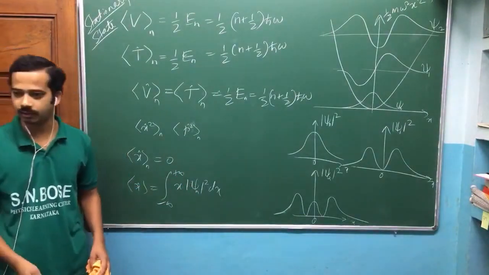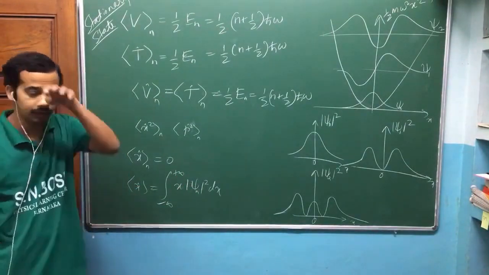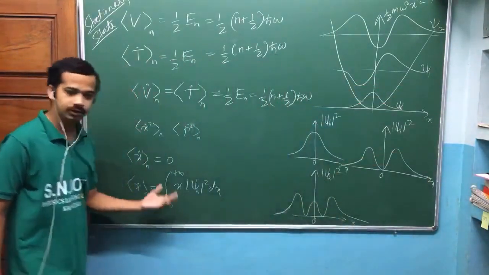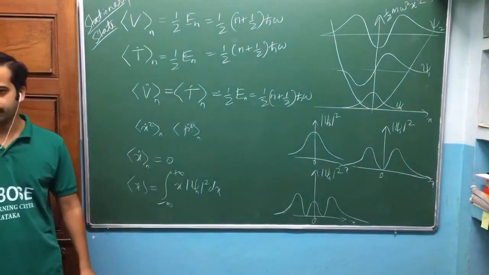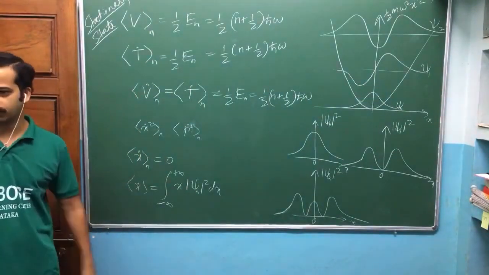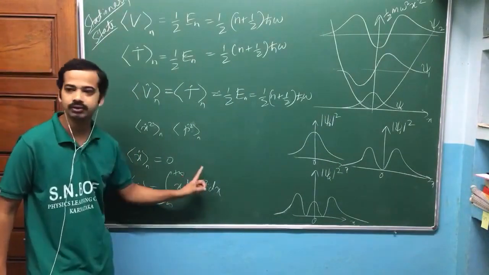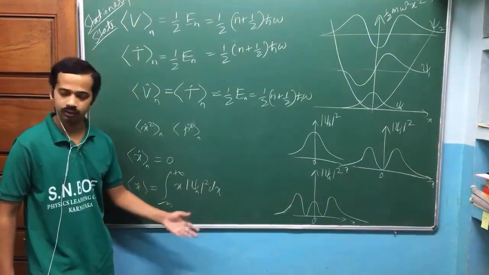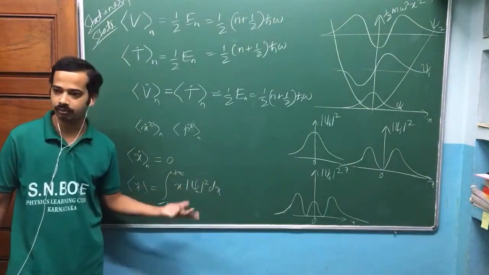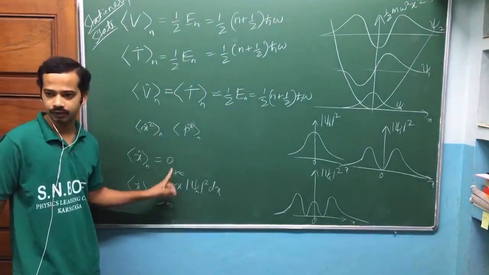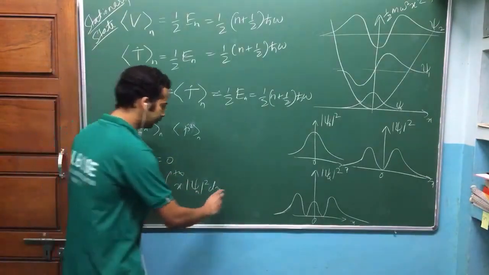If you replace x by minus x, suppose you had psi 1 star into psi 1. Psi 1 is an odd function, but an odd function multiplied twice becomes an even function. That's why mod psi n square is always even, whether psi n is even or odd. An even function multiplied with an odd function gives a total odd function. This integral vanishes.